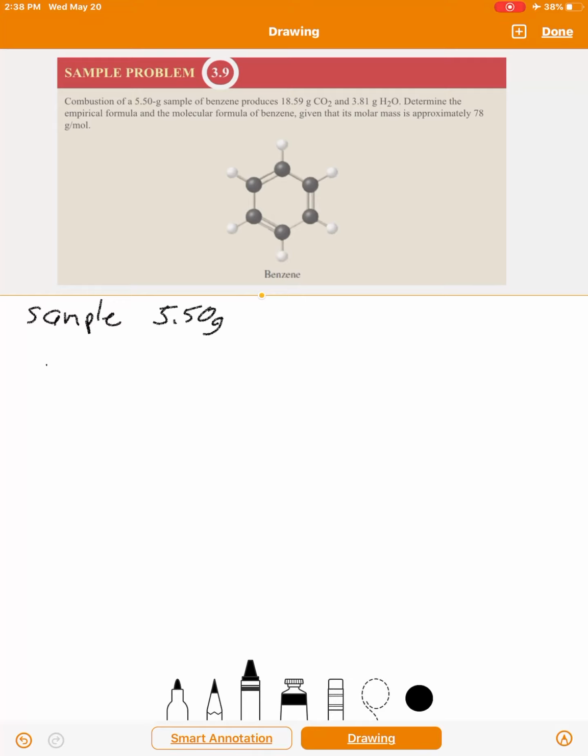The benzene, I'll write it as CnHm, assuming we don't know what the formula is, is going to react with oxygen. Remember, oxygen is a diatomic element, so it's O2, not O, to form carbon dioxide and water. That's the combustion process, okay?